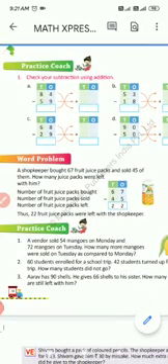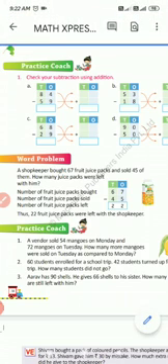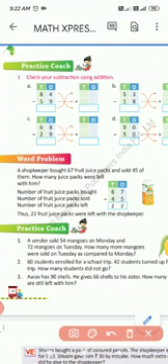So number of fruit juice packs bought, 67. Number of fruit juice packs sold, 45. So subtract 67 minus 45. Subtract from first place. 7 minus 5 is equal to 2, and 6 minus 4 is equal to 2. Answer is 22.